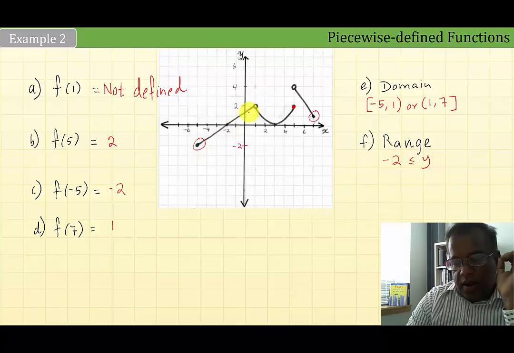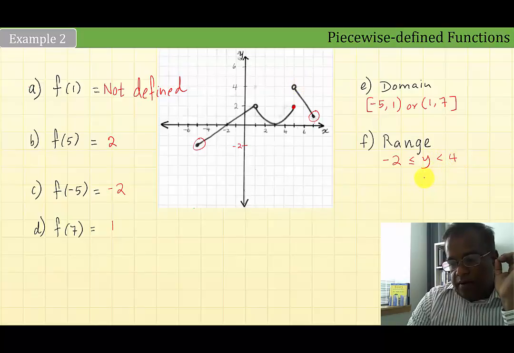You can take any value, and you can take up to even 4. 4 is not included, so it's less than 4. If you write it in interval notation, this is from negative 2 to 4, where negative 2 is included and 4 is not included.